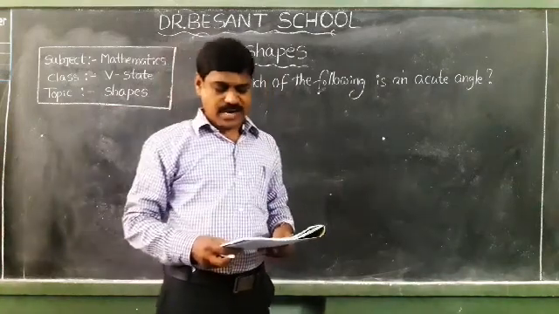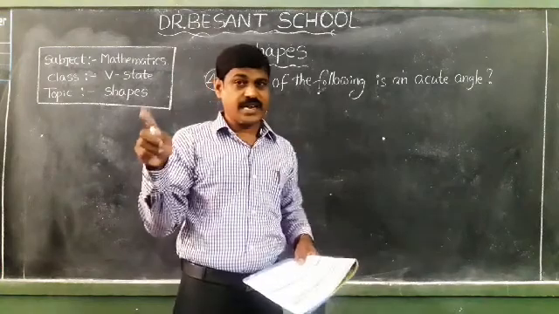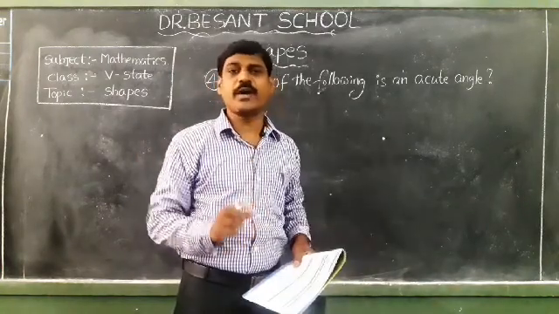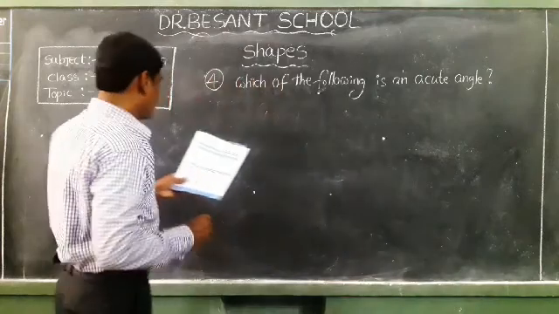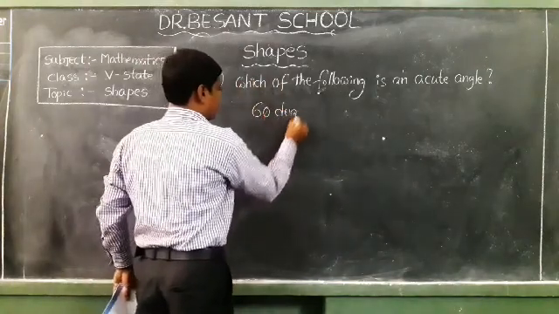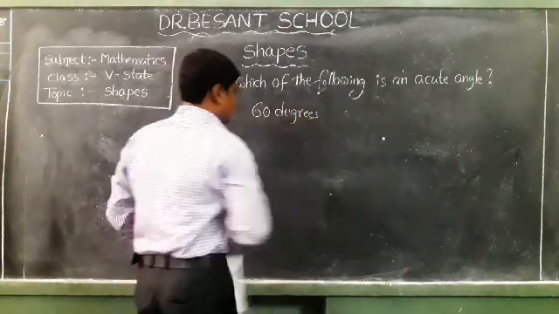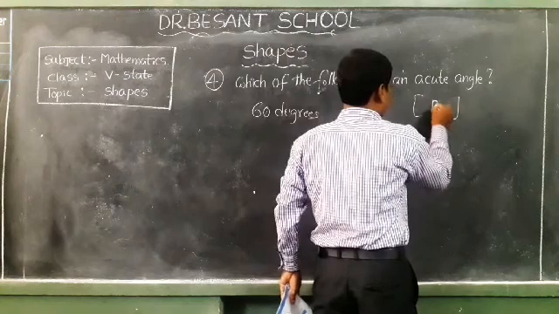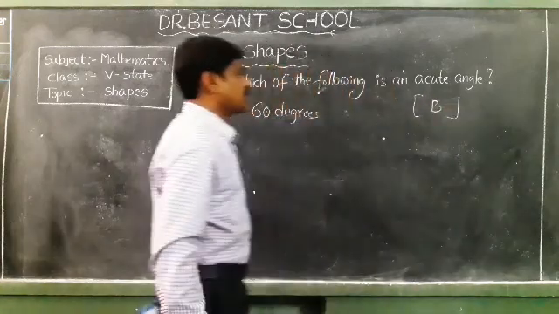Option D, 180 degrees. It is a straight angle. So which option is correct? Only option B is correct. So the answer is 60 degrees. Option B is correct.